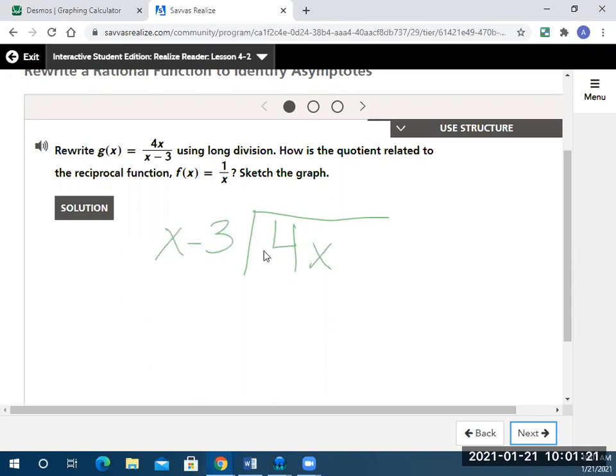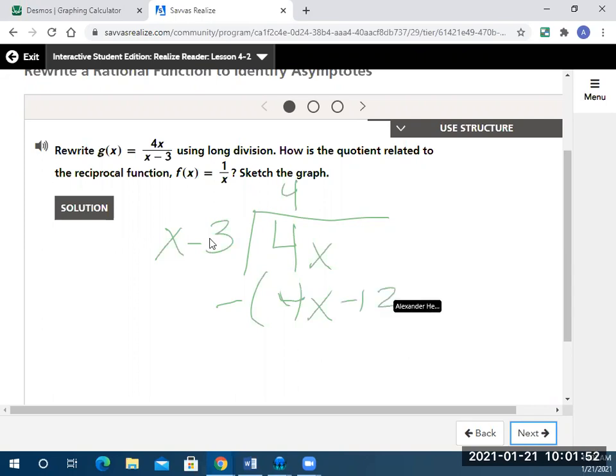So how many times does x go into 4x? 4 times, right? So we're going to write 4 on top. And then what's 4 times x? We're subtracting, right? So minus 4x. And then you also have to multiply this by 4. So what's 4 times negative 3?